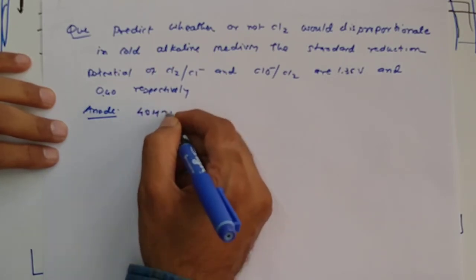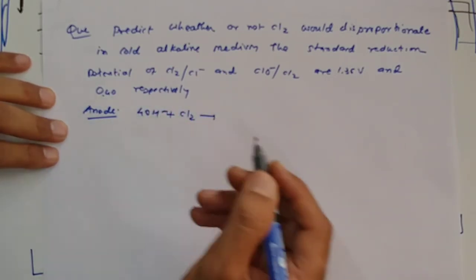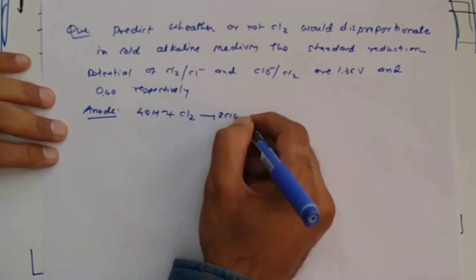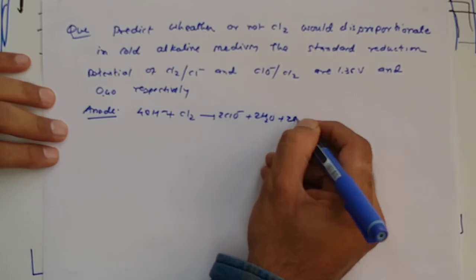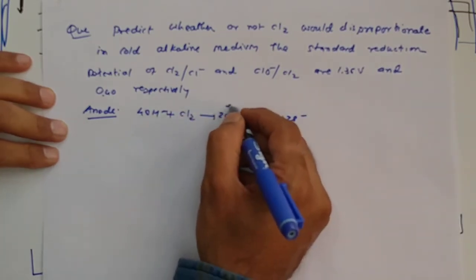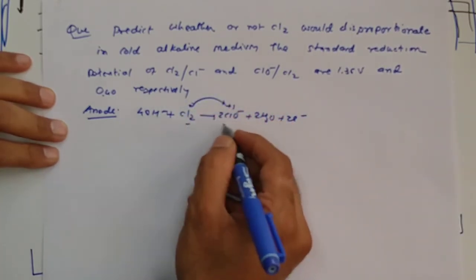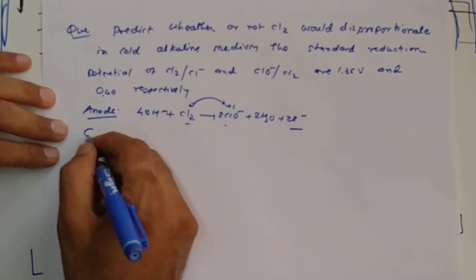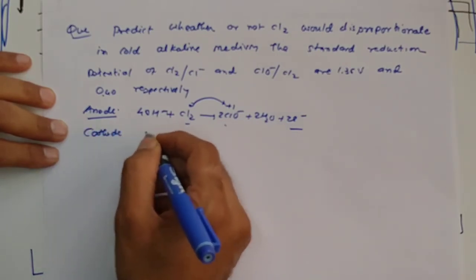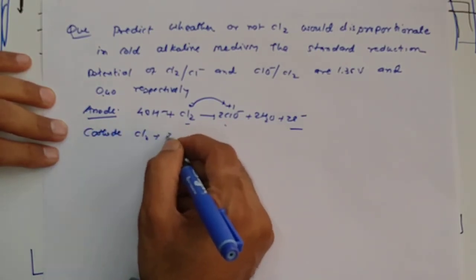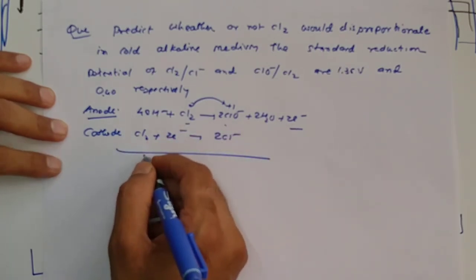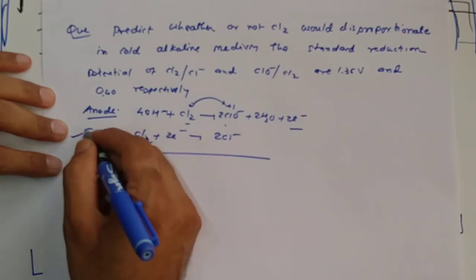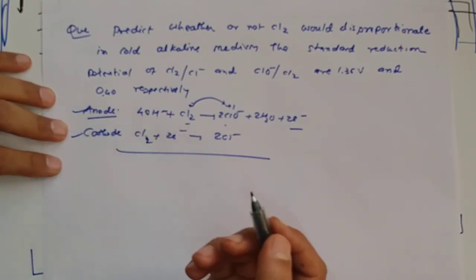Alkaline medium means 4OH minus with Cl2, giving 2 ClO minus plus 2 H2O plus 2 electrons. Here oxidation state changes from 0 to plus 1, two times, so 2 electrons are lost. Now at the cathode chlorine reduces. So in total, you can see this one is oxidation, this one is reduction.